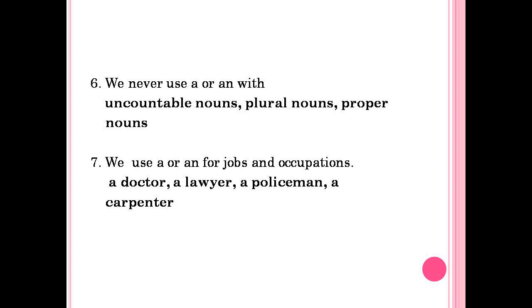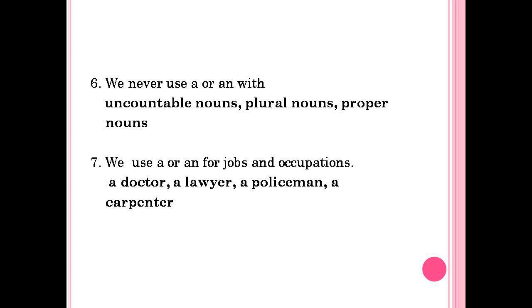Rule 6. We never use "a" or "an" with uncountable nouns, plural nouns, and proper nouns. For example, milk is an uncountable noun. Sugar is an uncountable noun. So we don't say a sugar or a milk.